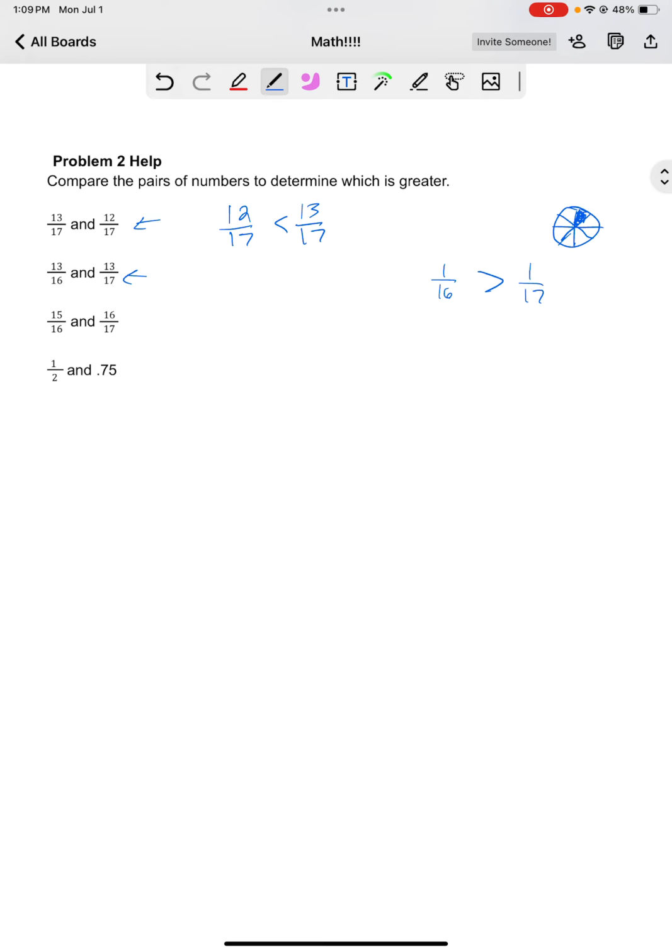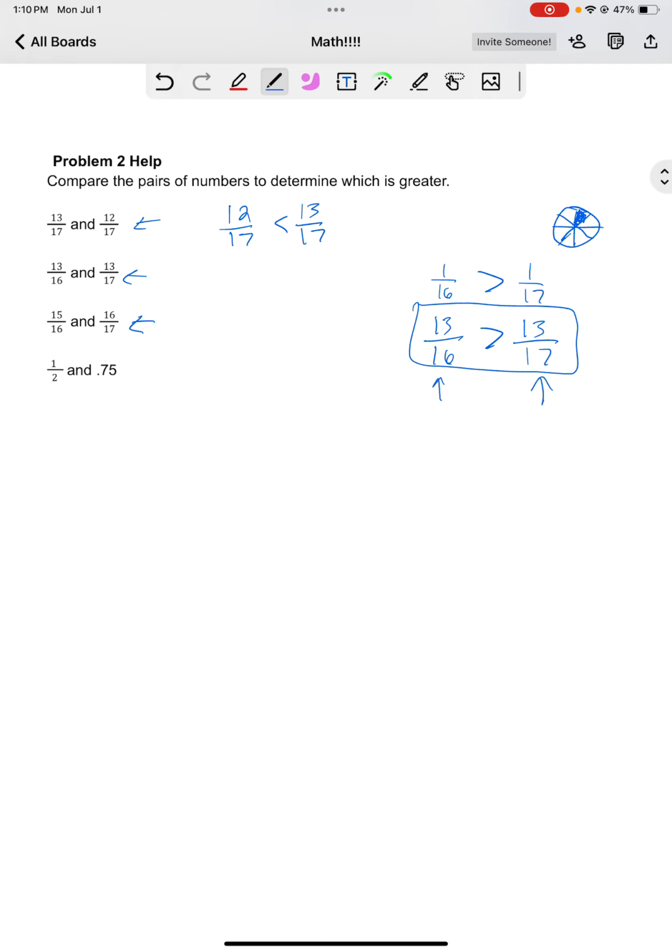And so if I could get 13 of these 1/16, and then I compare that with 13 of these 1/17, then using this same reasoning, I'm getting 13 bigger slices on the left than I have on the right. And so 13/16 is going to be bigger than 13/17.